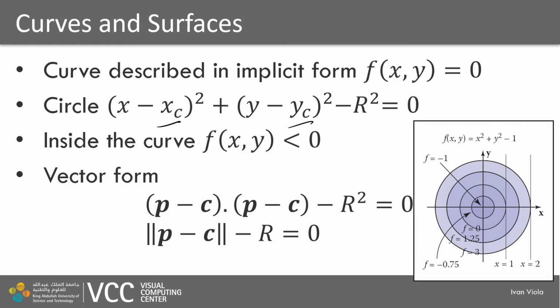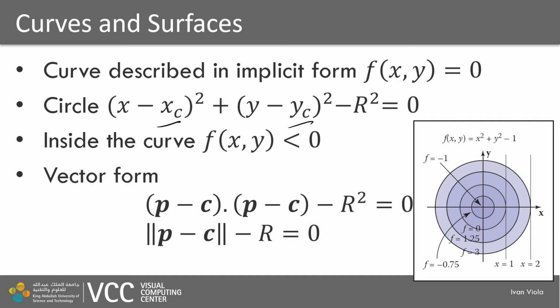We can also describe it in a vector form, where we have a point p, possibly on the circle, inside or outside, minus the center c. This squared minus r squared is equal to 0.